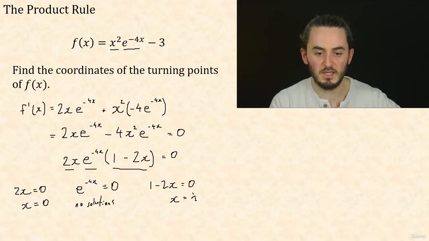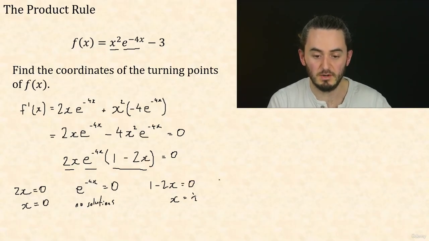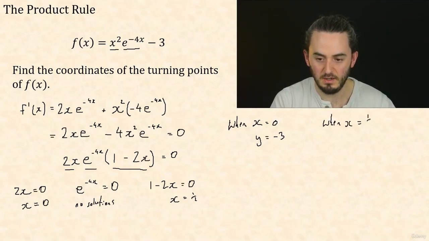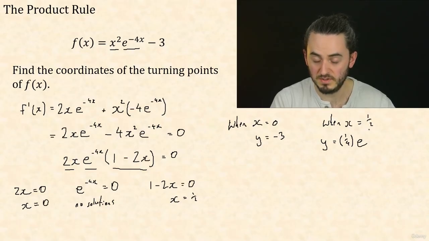So we've got two x values that make the derivative 0, so we just need to sub those in to find the y coordinates. So when x equals 0, what have we got? Well, I've got y is just 0 squared, so all of this stuff is 0 minus 3, so y is minus 3. A little bit more fiddly here. When x is a half, y is, well, it's a half squared, which is 1/4, and then it's e to the minus 4 times x, so that's e to the minus 4 times a half is minus 2, and then minus 3.